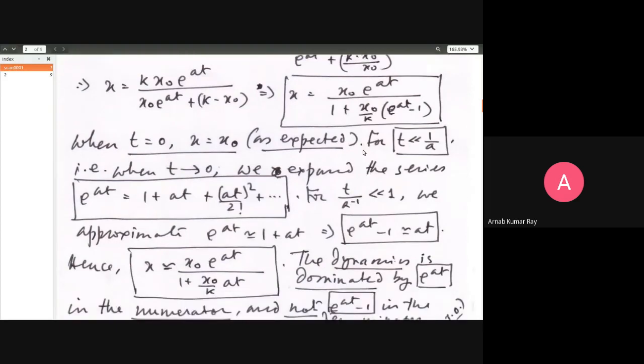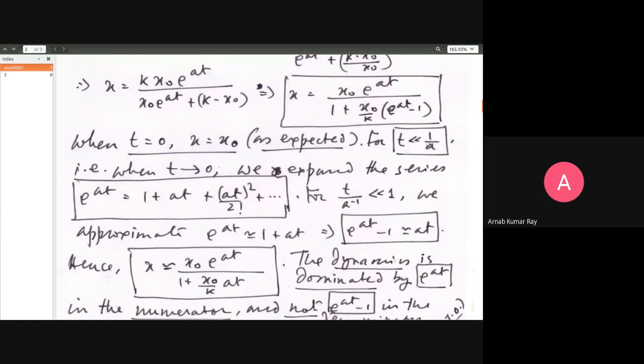Now comes something important. When t is very much less than 1 upon a, the natural time scale in this system is 1 upon a. So when t is very much less than 1 upon a, e raised to at will be equal to 1 plus at plus at squared by factorial 2, all that thing. I'm writing 1 upon a as a raised to minus 1.